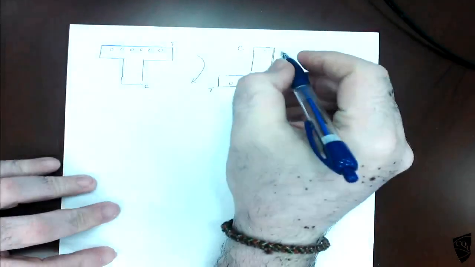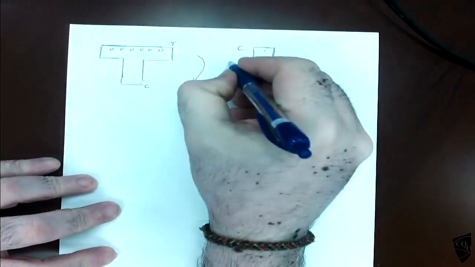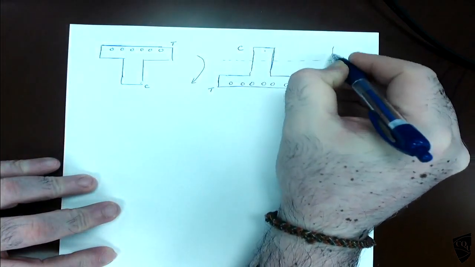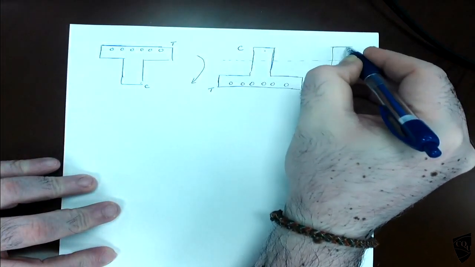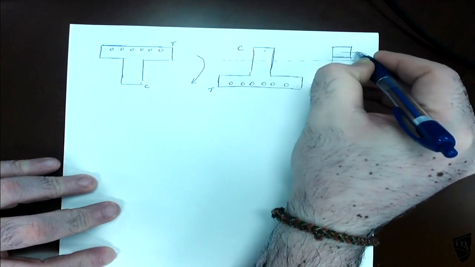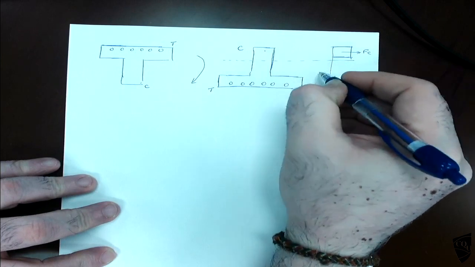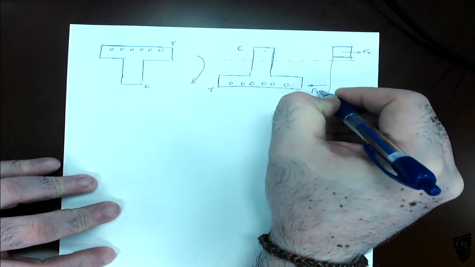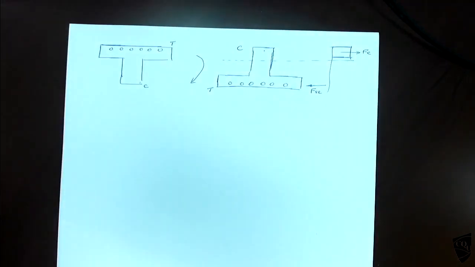So here this is compression, so we have a neutral axis here, and then we can say that there is an approximate rectangle. I don't change the beam, I just flip it for my convenience.